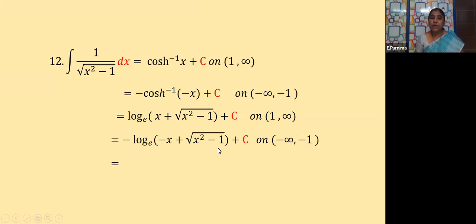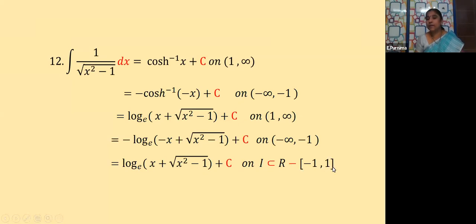So here if you observe, we have 4 formulas, and one more formula is also there. What is this? Let us see. Log base e of x plus under root of x square minus 1 plus c on I subset to R minus the closed interval minus 1 comma 1.